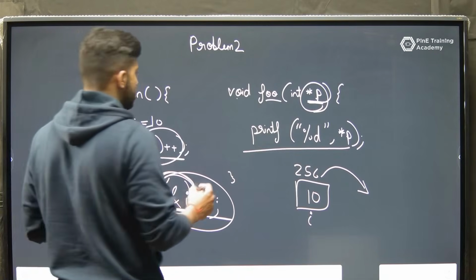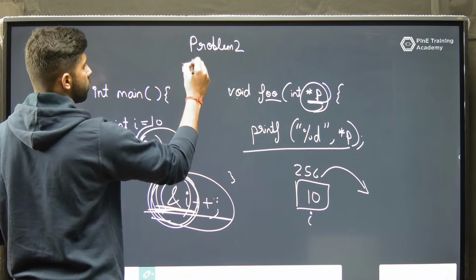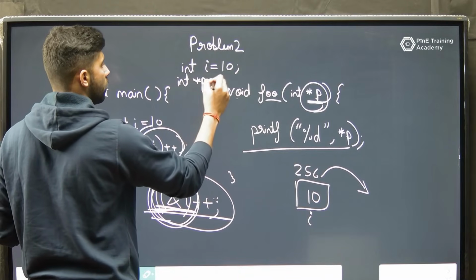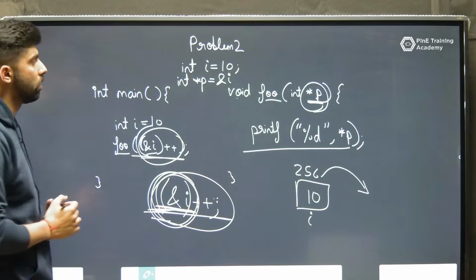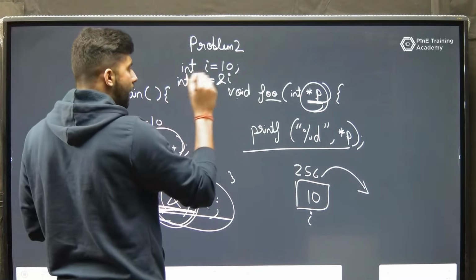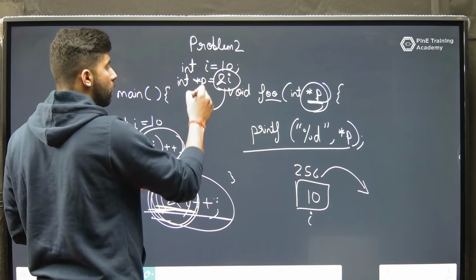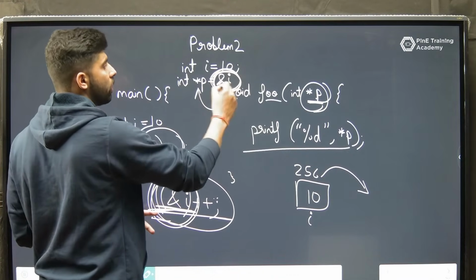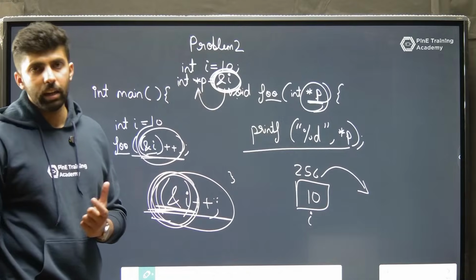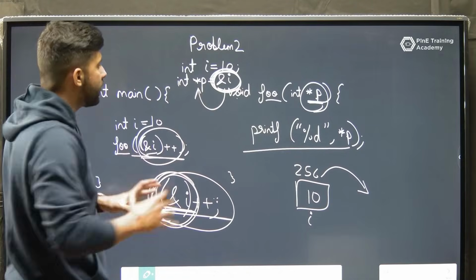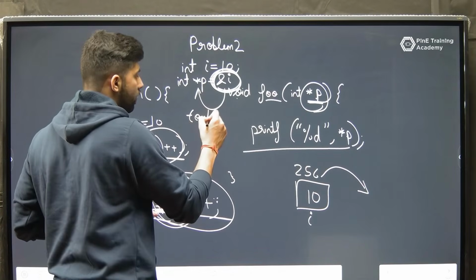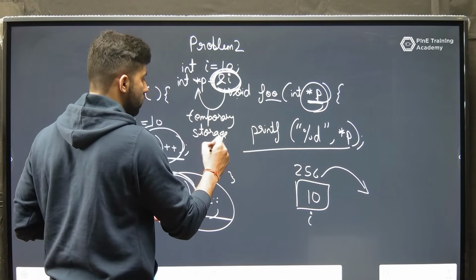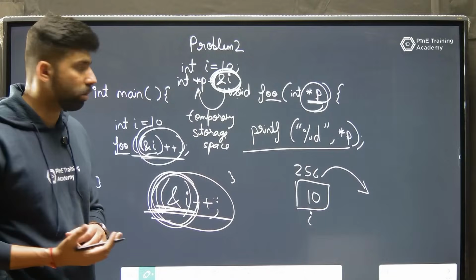What happens is we actually store this particular part inside P. But alone, if I'm just talking about this address of I, it is not anything. It is just a temporary storage space.